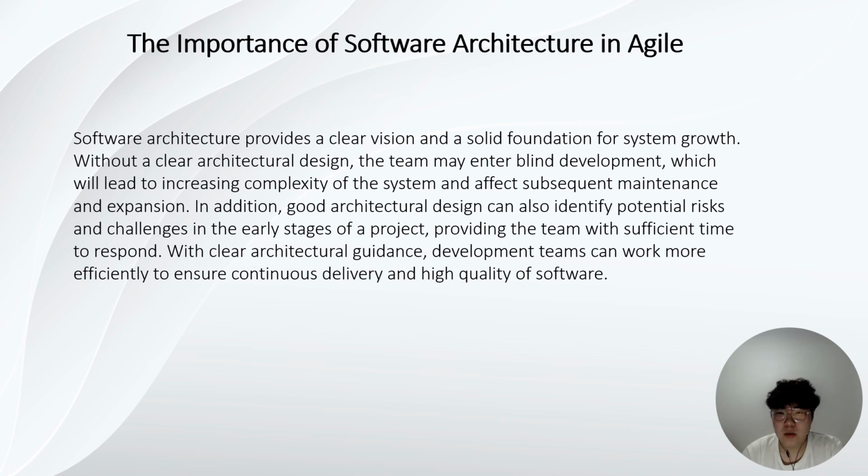In addition, good architecture design can also identify potential risks and challenges in the earlier stages of a project, providing the team with sufficient time to respond. With clear architectural guidance, development teams can work more efficiently to ensure continuous delivery and high quality of software.